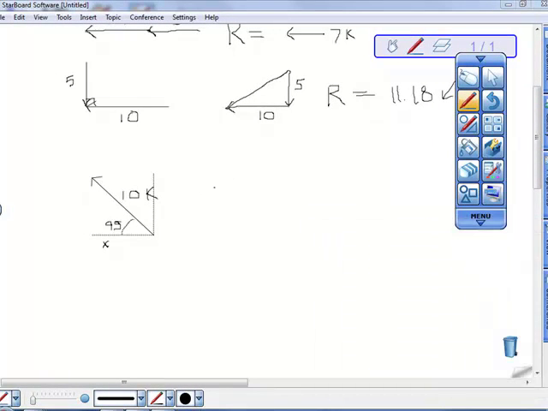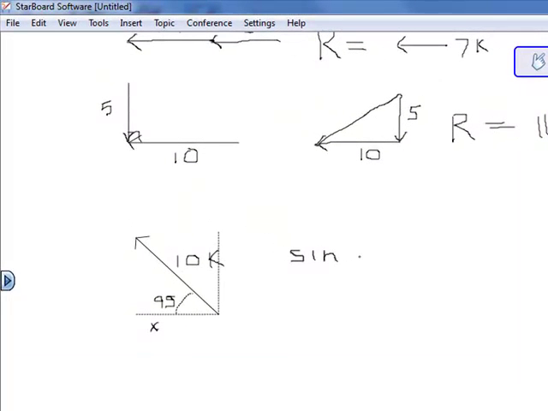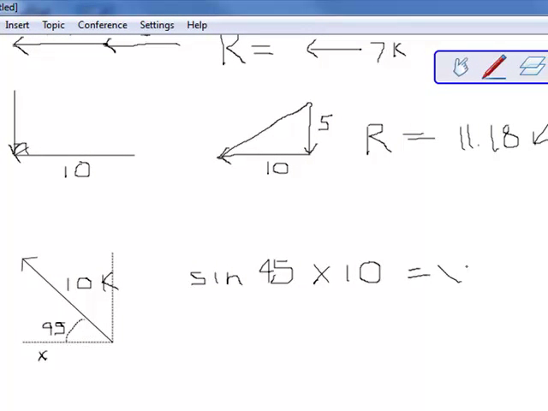So you're going to have the sine of 45, sorry for my writing, times 10 is going to give you y, and then cosine, right?